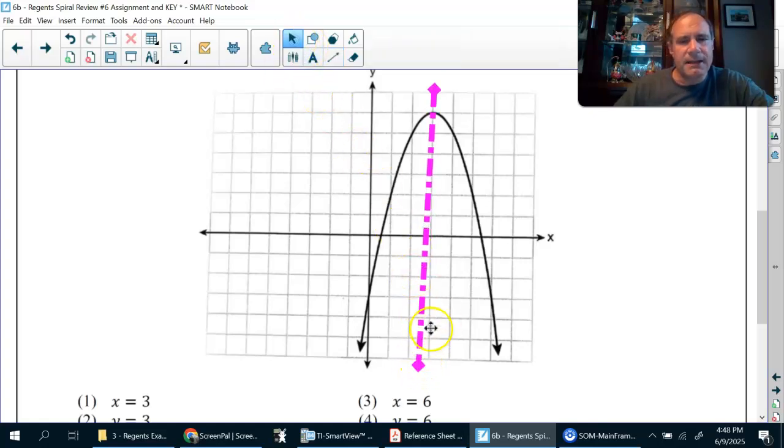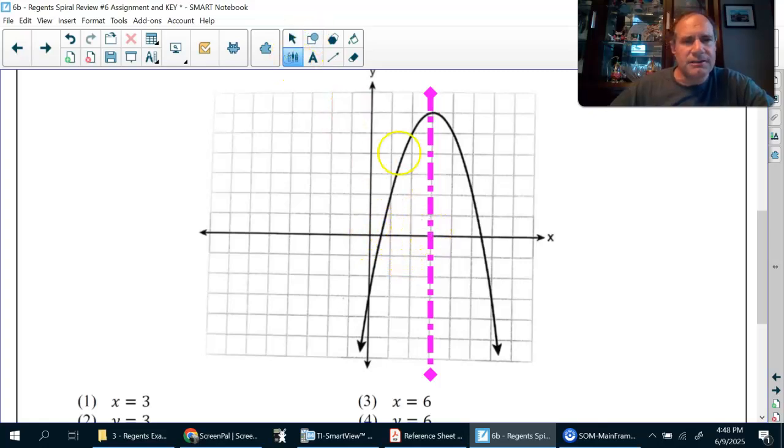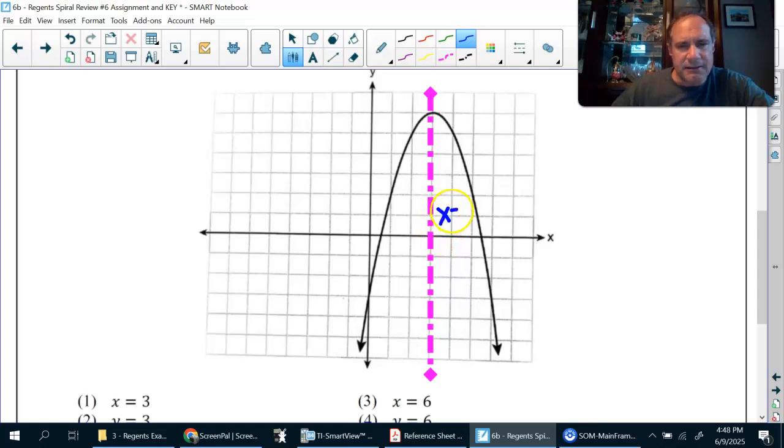And that is my axis of symmetry line. And you could tell right here, it's 1, 2, 3. So this is x equals 3.